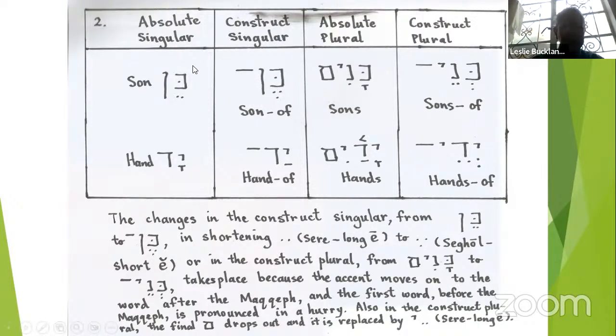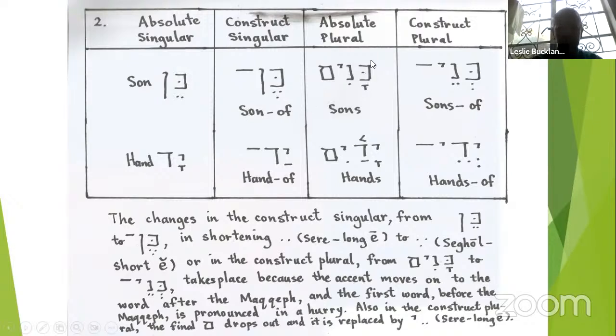And because the accent is being moved from bain to the noun that follows the makef, it means that there has to be a change of the long vowel sire to its corresponding short vowel segol. So you will have ben followed by the makef and the noun that comes after the makef, sana.